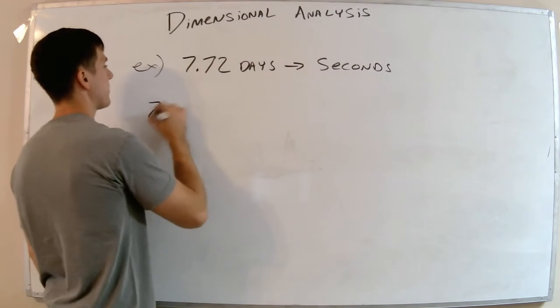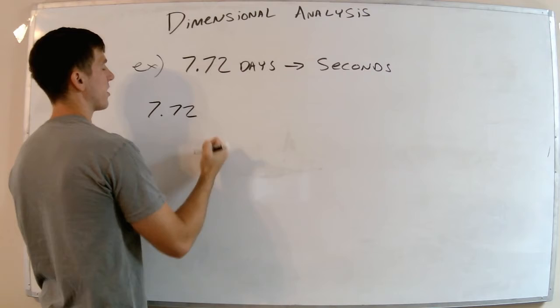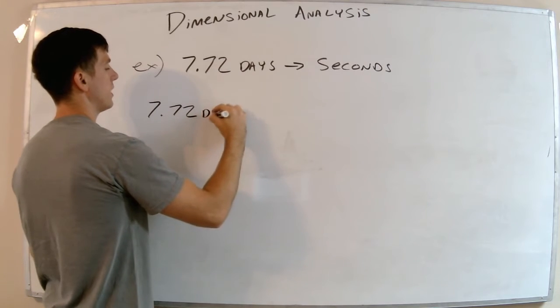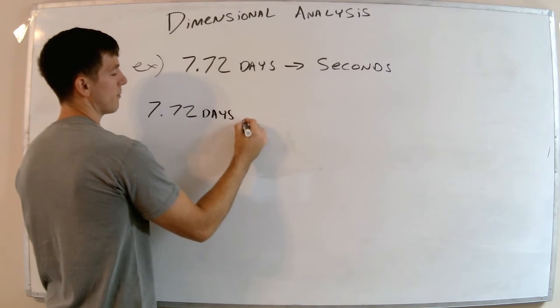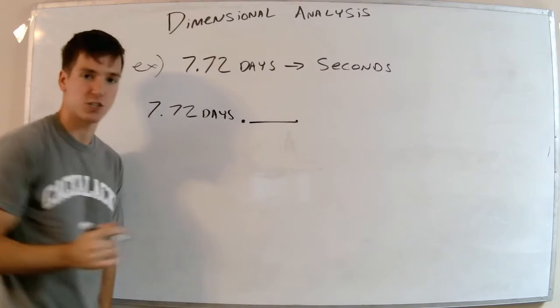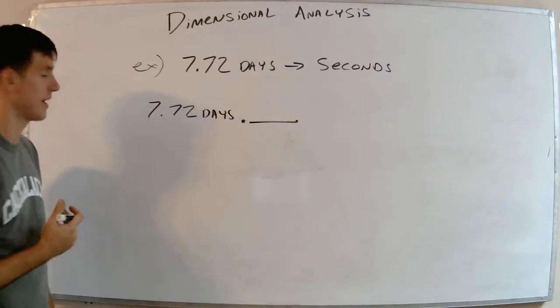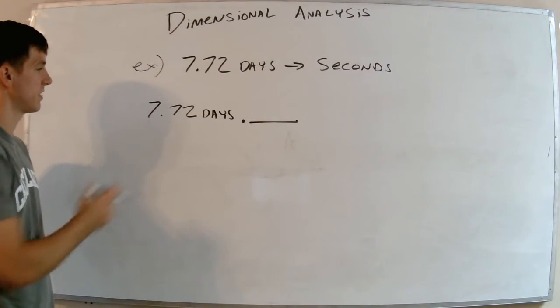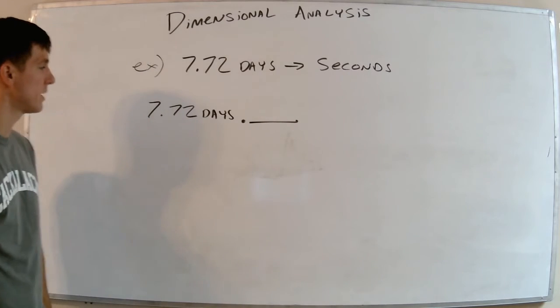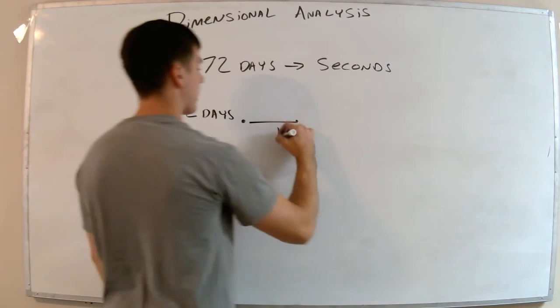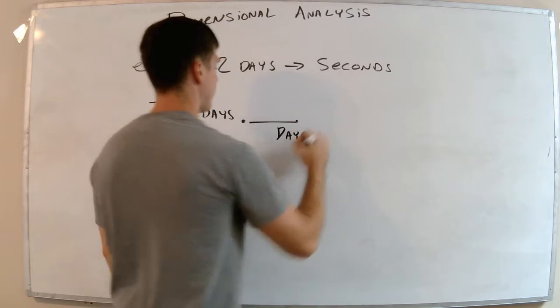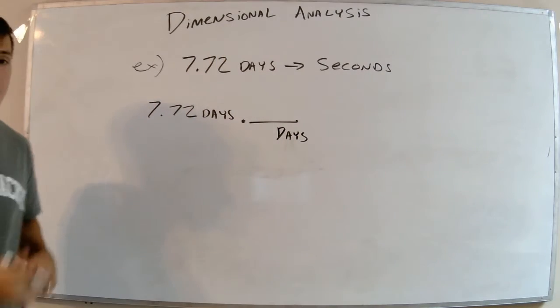So again, I start out with 7.72 days, and I do my friend, the multiplication dot fraction bar. Again, the units are on top, and I'm trying to get days to cancel out, so I'll go ahead and put days on the bottom.